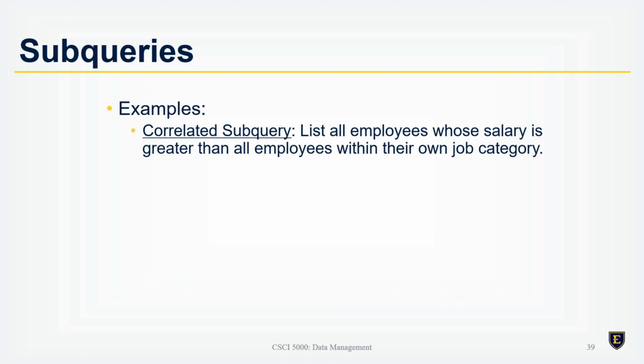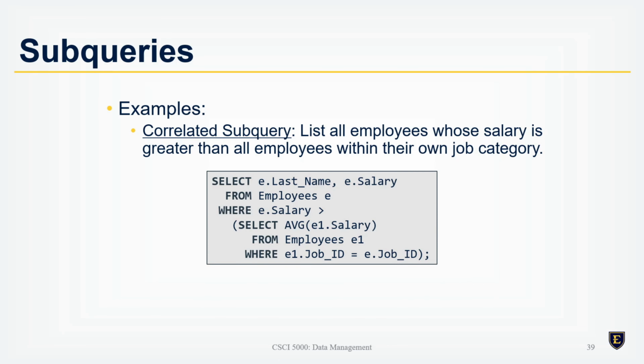A correlated subquery would be one where we wanted to list all employees whose salary is greater than all employees within their own jobs category. So the first thing we need to know is what's the average salary in the person's job category. And notice that we have two aliases here. We have E for the outer query, and we have E1 for the inner query.